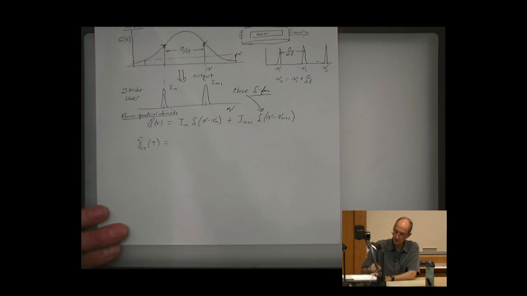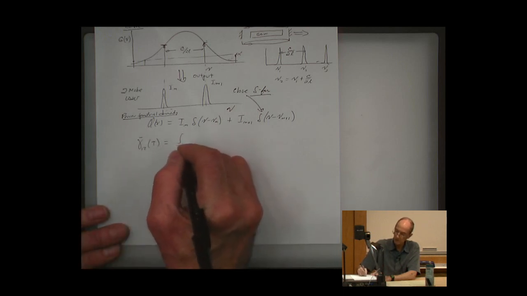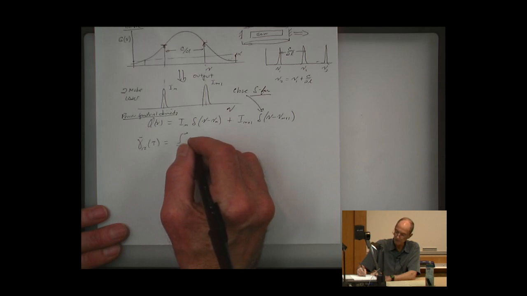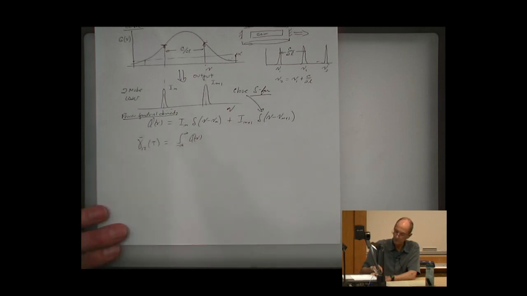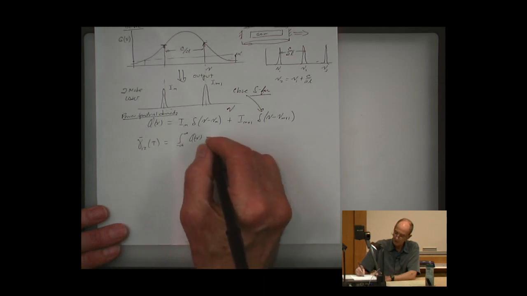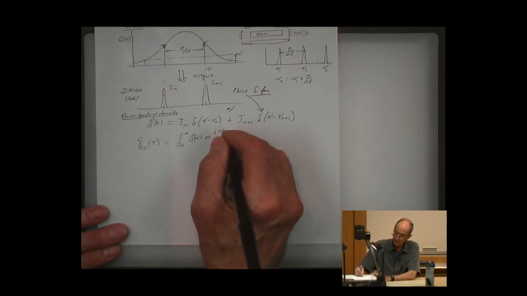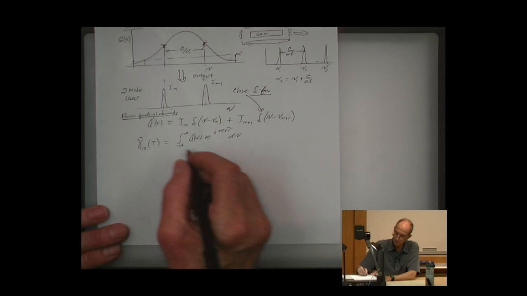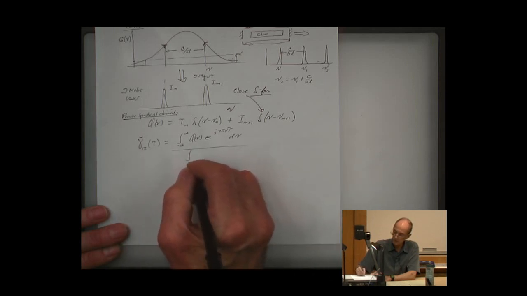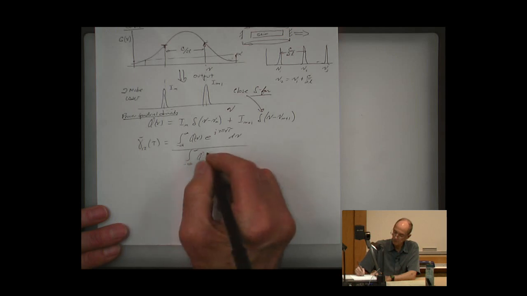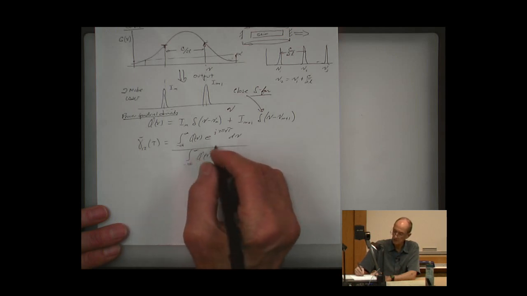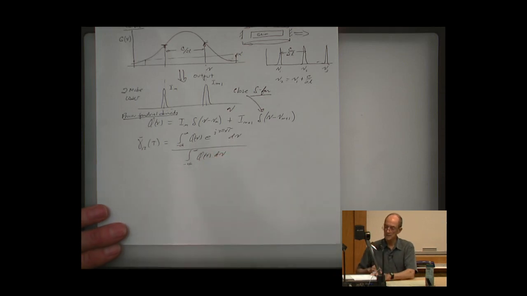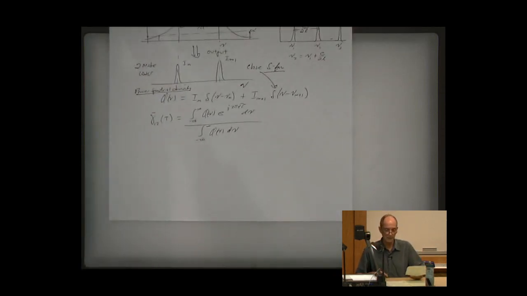In terms of the power spectral density function, this is equal to the integral from minus infinity to infinity of phi of nu, our PSD, times e to the j 2 pi nu tau, d nu, divided by, if this were not normalized, the total power in our power spectral density function, d nu. Again, we'll follow the same prescription that we did before, where we solve for the complex degree of coherence function.